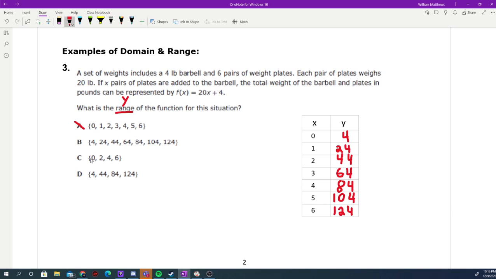A is referring to our x values, our domain. B matches up with our answer. D does not include all of the range, and C is only a portion of the domain.